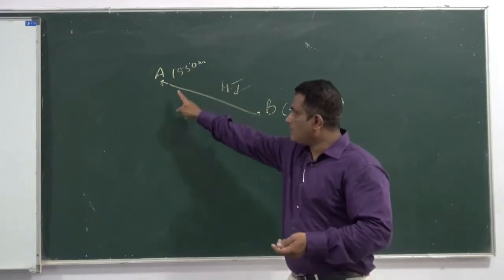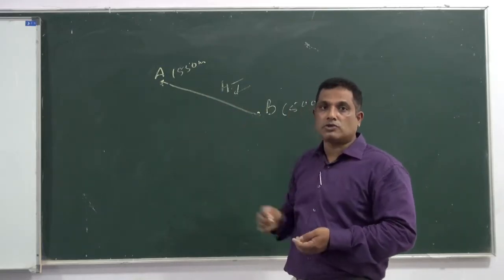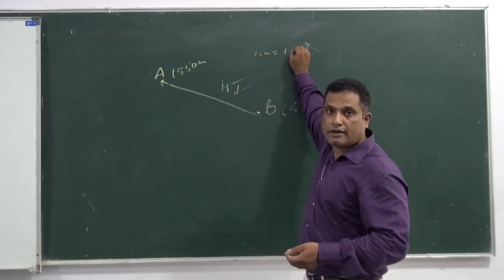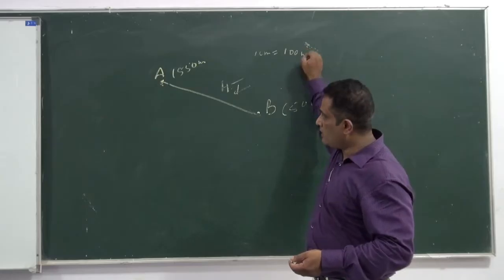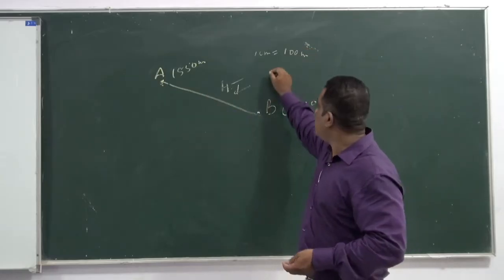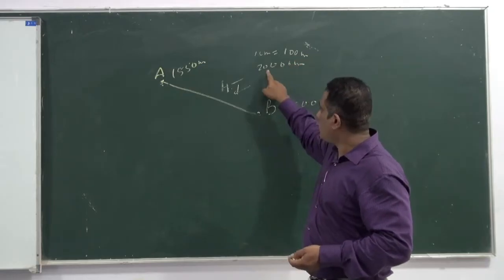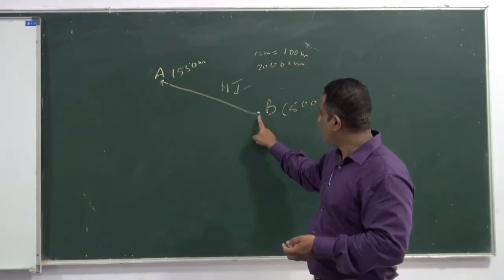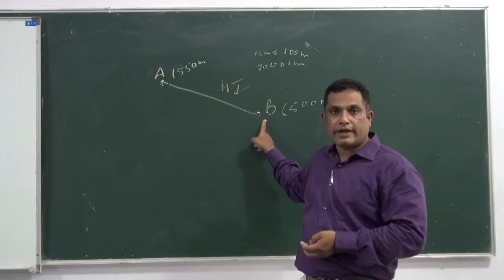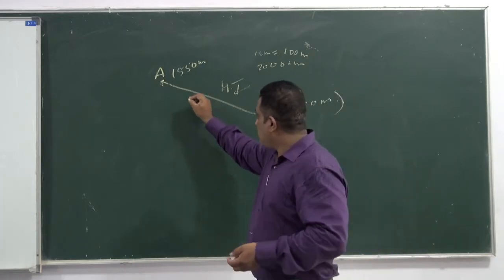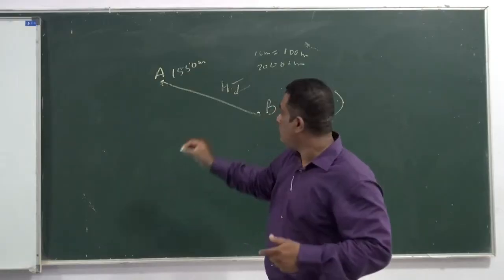To represent that, here we use a certain scale. Say 1 centimeter is equal to 100 meters on the ground. Say this is 20 centimeters, then it will be 20 into 20,000 meters, that is 20 kilometers. So what then is the vertical interval?